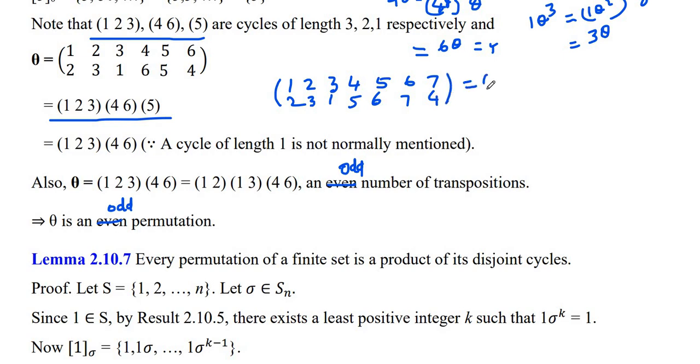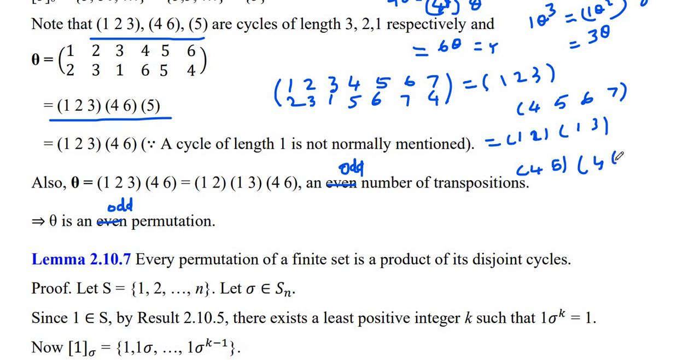We want to determine whether it is even or odd. How to write this: the disjoint cycles are (1 2 3), then 4 taken to 5, taken to 6, (4 5 6), 6 taken to 7, 7 taken to 4. So in the first one we have (1 2)(1 3), and in the second we have (4 5)(4 6)(4 7).